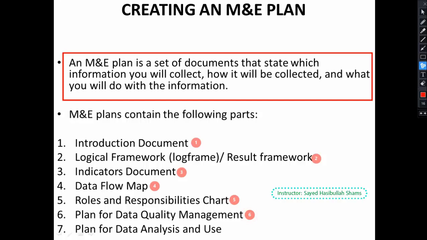The plan for data quality management describes how data quality will be ensured. And number 7, plan for data analysis and use. The plan for data analysis and use explains how data will be analyzed for monitoring and evaluation. These 7 parts are the content of an M&E plan.